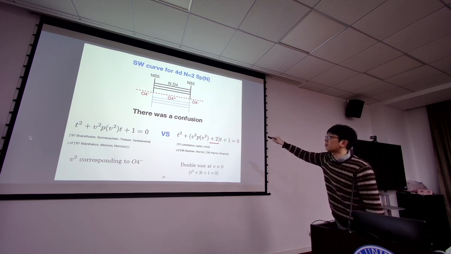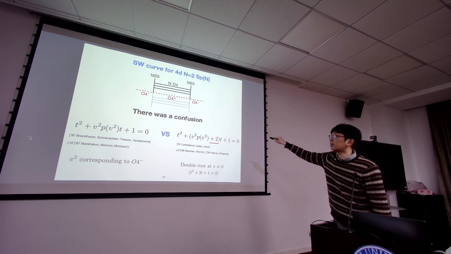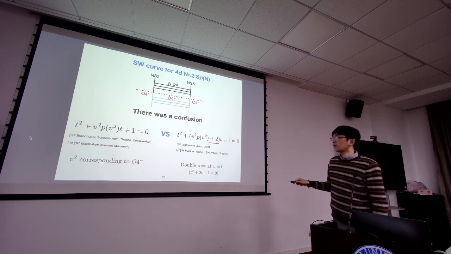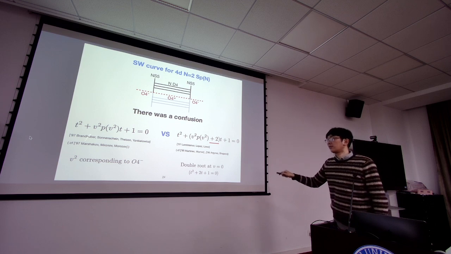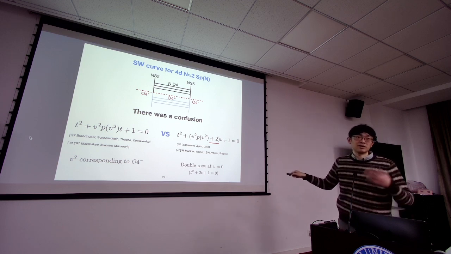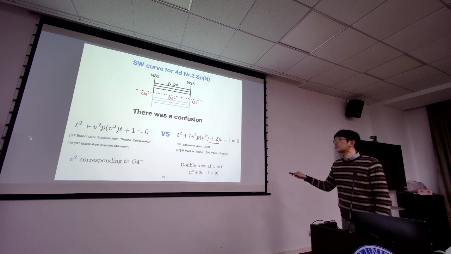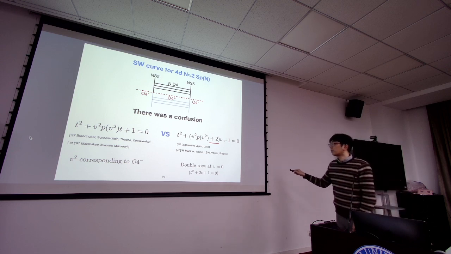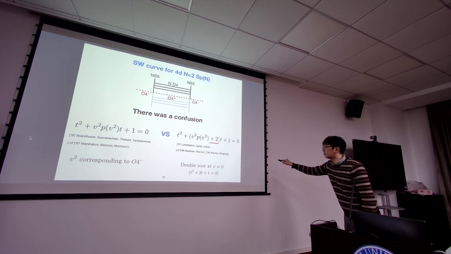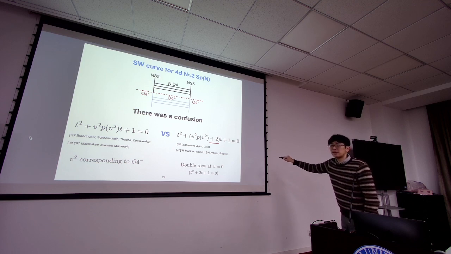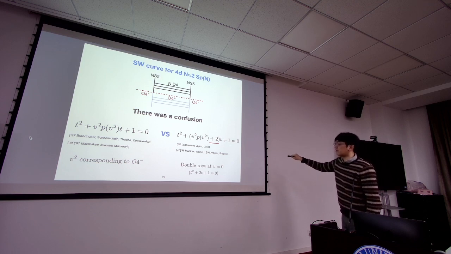And the other part corresponds to the other D4 branes. So this factor b square corresponding to O4 minus is, I think, their suggestion. And the other side somehow claims that this is not okay, but plus 2 should be included in this curve.